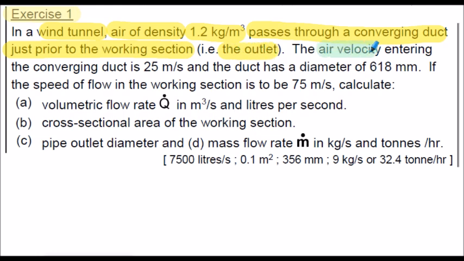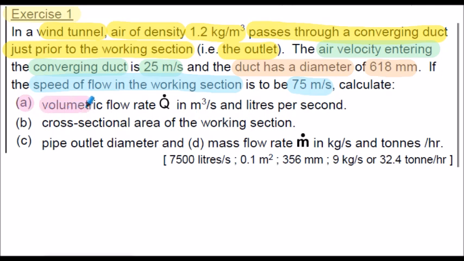The air velocity entering the converging duct, the inlet, is 25 meters per second, and the duct has a diameter of 618 millimeters. If the speed of flow in the working section is to be 75 meters per second, we've got to calculate A, the volumetric flow rate, Q dot, in meters cubed per second and also liters per second.